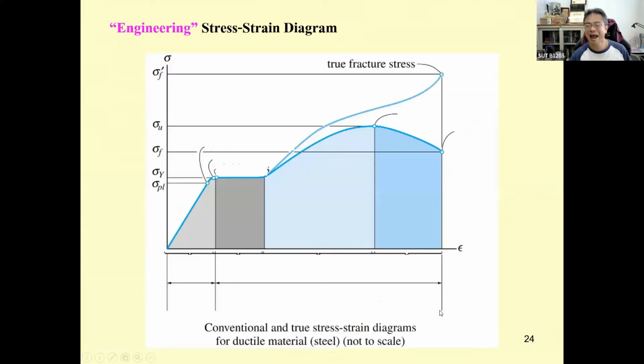And then there are a lot of things that you should understand. There are two types of behavior of the structure, as I previously mentioned. One is elastic, and the other is plastic.